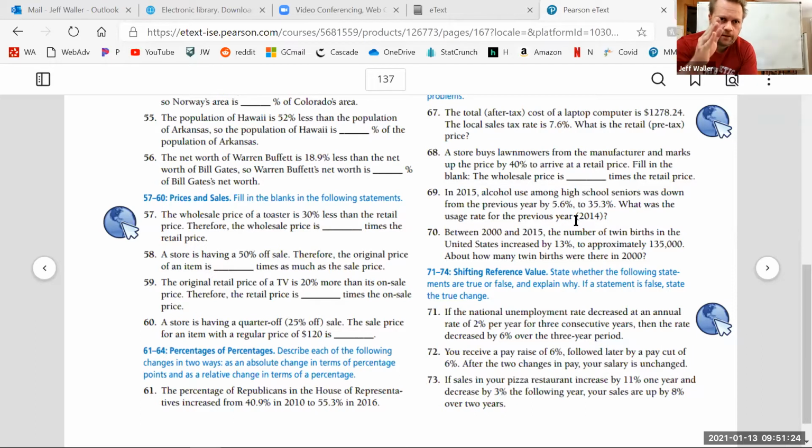There's the absolute point change, and then there's a percentage change. And the point change is a little more honest, a little more above board, right? Does this one say anything about percentage points? No.